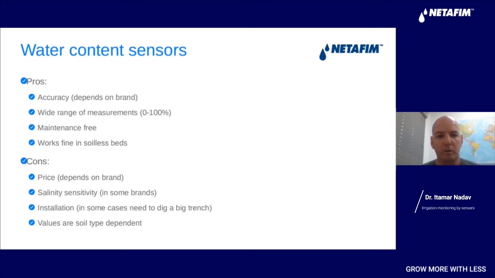So about water content sensors, they are very accurate, and it basically depends on the brand. They have a wide range of measurements, so you can actually use them in stress crops like vineyards. It's maintenance free, so you can just place them and forget about them. You don't need to fill any water.